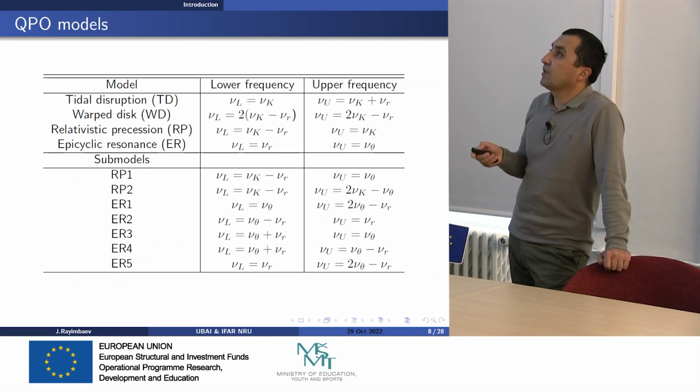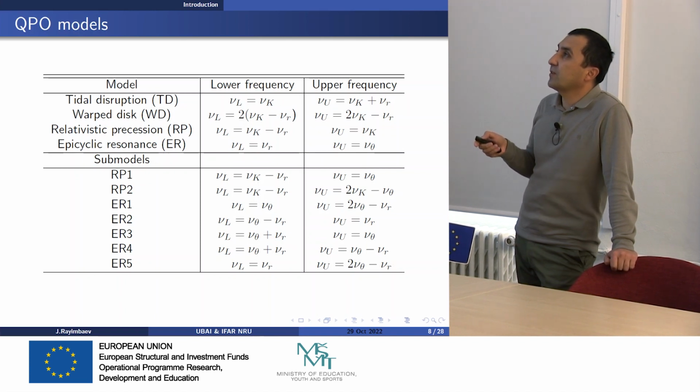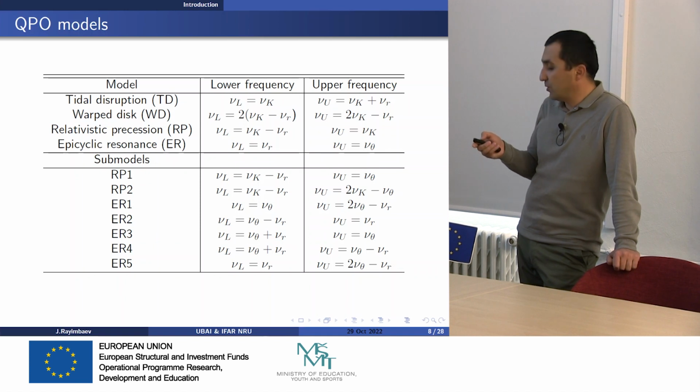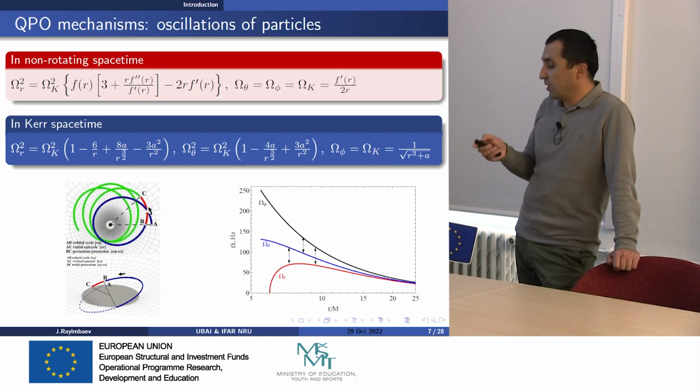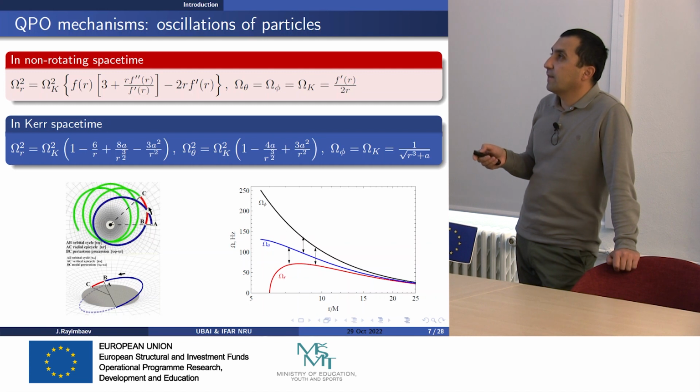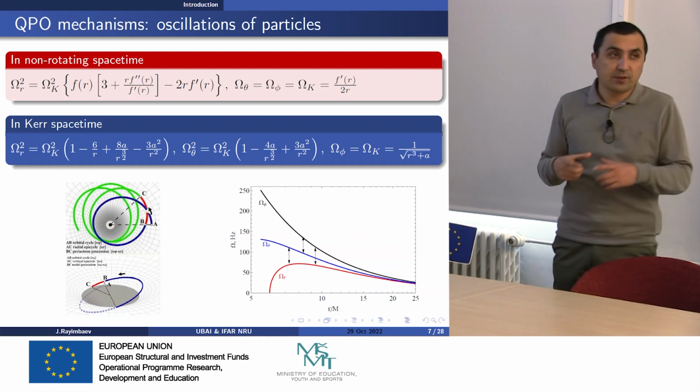For example, here I will show some results obtained in the frame of the relativistic precession model. This relativistic precession model is shown here. We can see that these orbits are not purely circular.